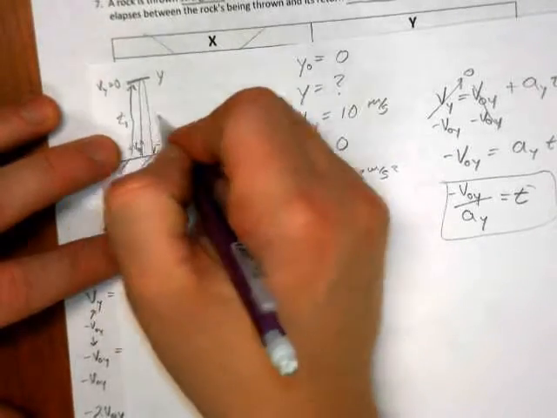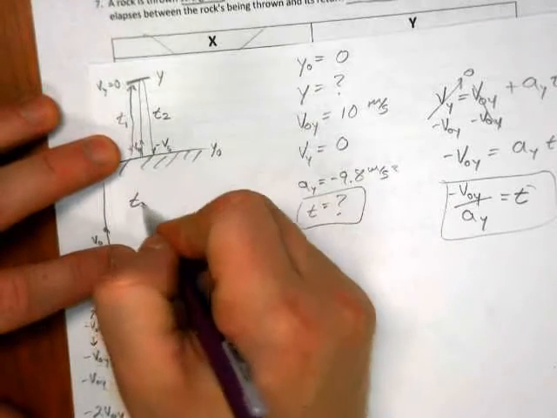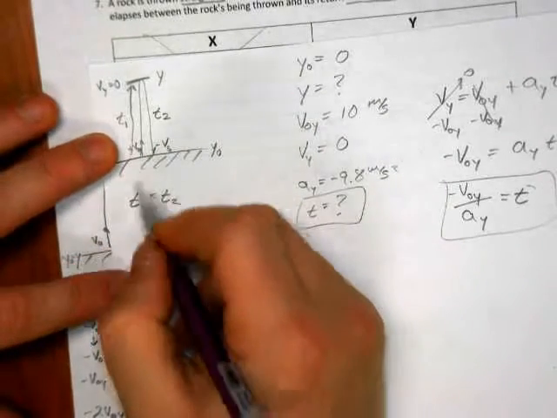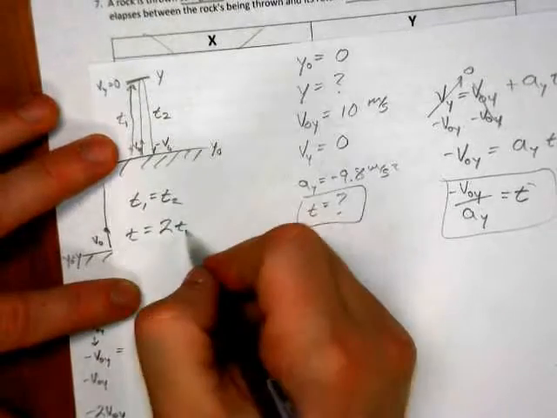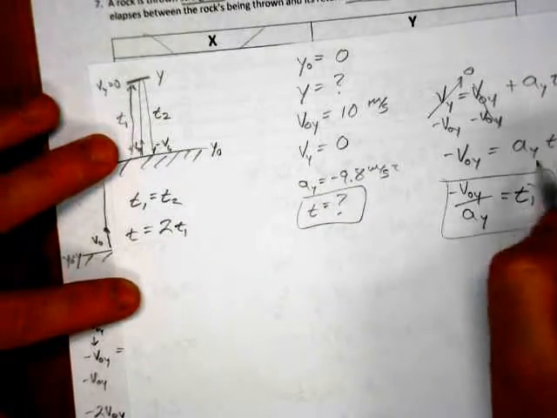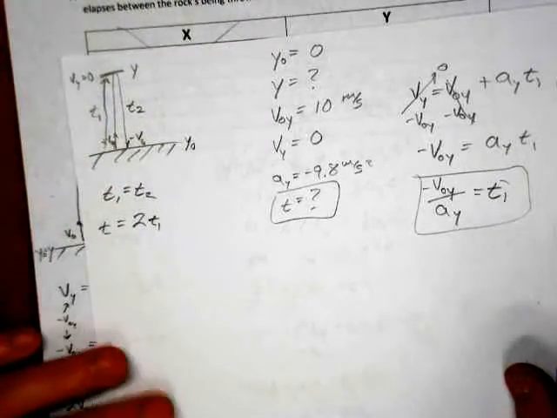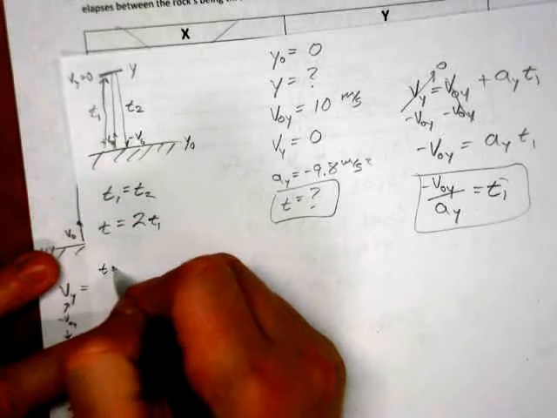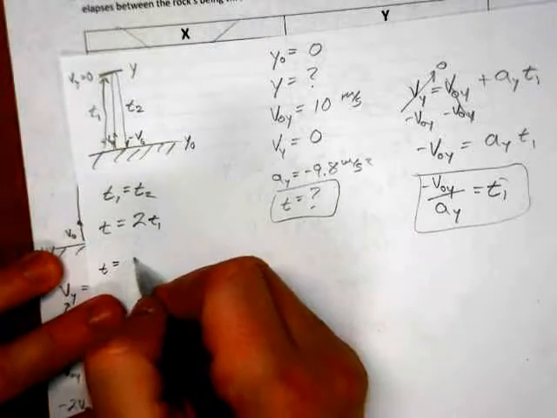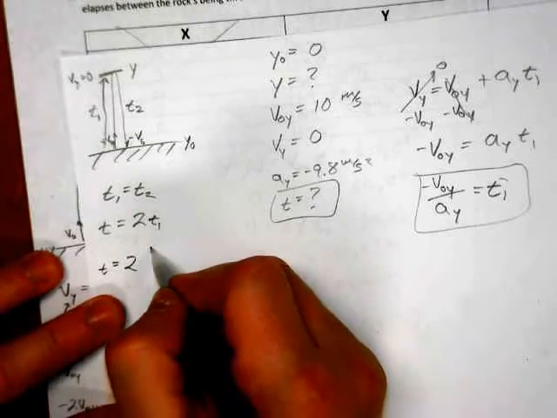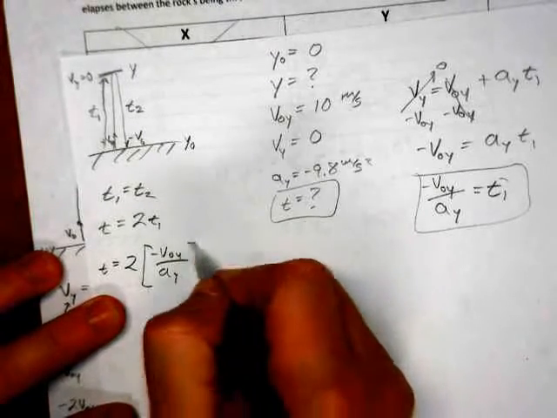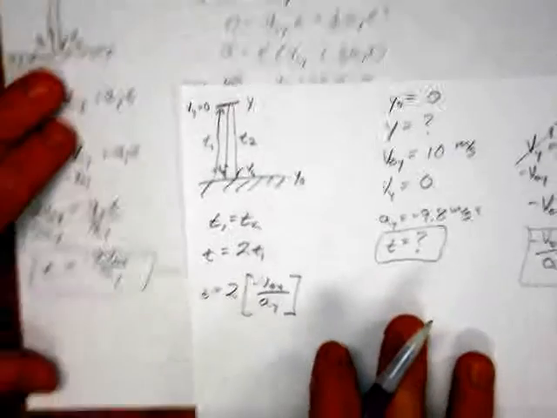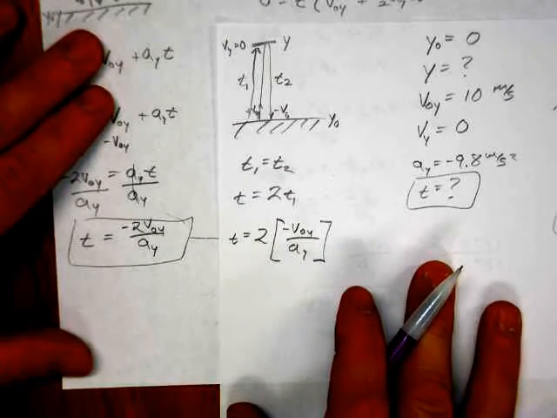So if we call this T1, T2, we can say T1 equals T2, and T then just equals 2 T1. So I'm going to go back and label this T1 everywhere. Make sense? So if we then solve for the total time, we have to multiply everything by 2. Which then is exactly equivalent to our previous solutions.